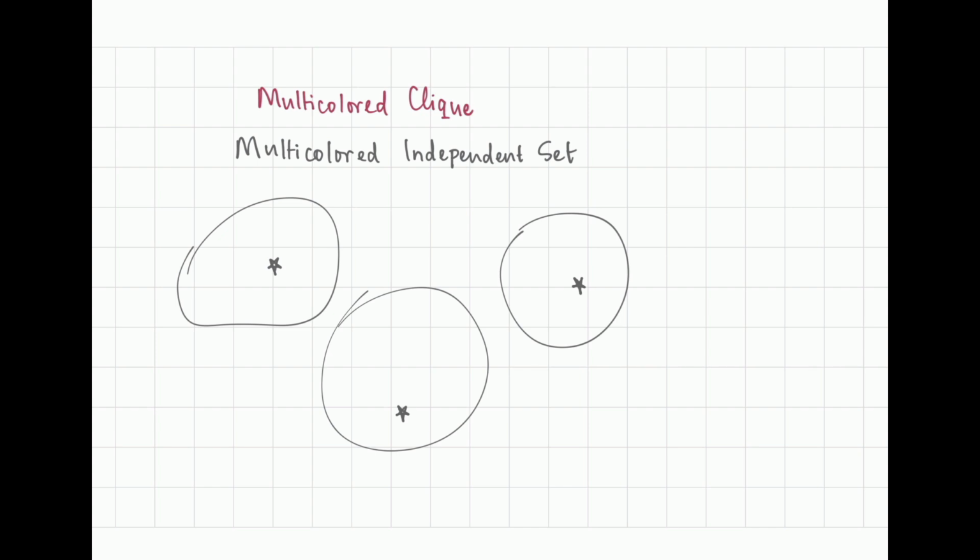So in particular, if (G, k) is an instance of multicolored clique, then (G complement, k) is an instance of multicolored independent set with exactly the same partition as G, and it's straightforward to verify that this works exactly as you would expect. The clique in G becomes an independent set in G complement, and if the clique was multicolored to begin with, since it's the same set of vertices and the same partition, it's also a multicolored independent set in G complement.